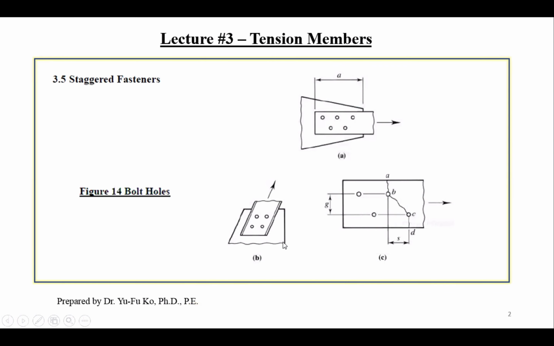And sometimes, like I said, because of the geometry of the connection, it's already skewed. So when you calculate this kind of net area due to fracture, you already need to consider the staggered fastener layout.